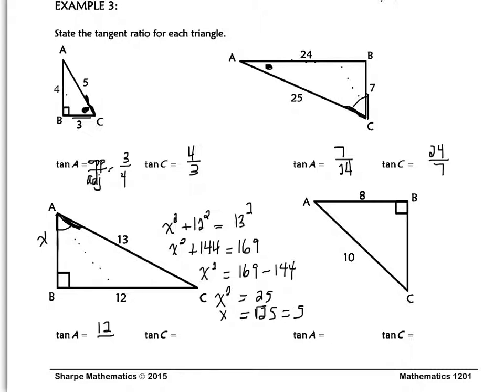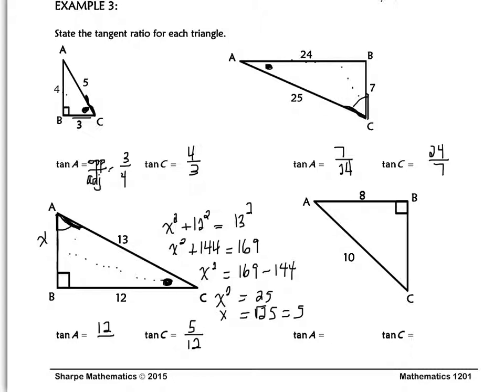So therefore the tan of C, we're at this angle now, and across from C would be x, so opposite C would be 5, and adjacent to C would be the 12, because we know the one marked 13 is the hypotenuse.